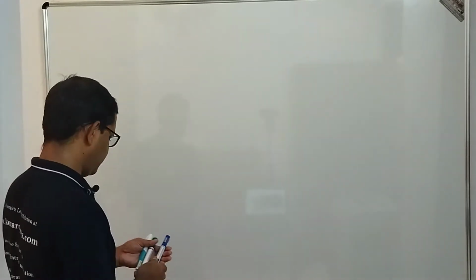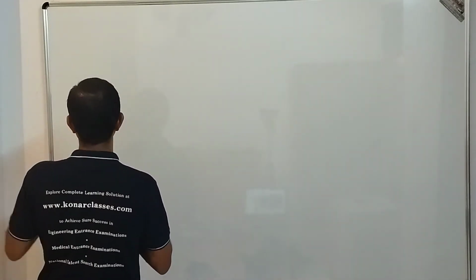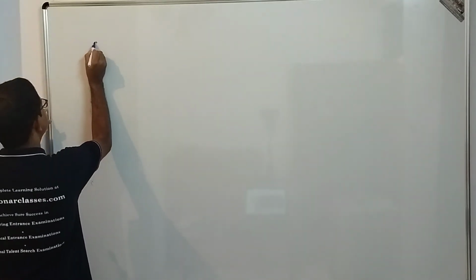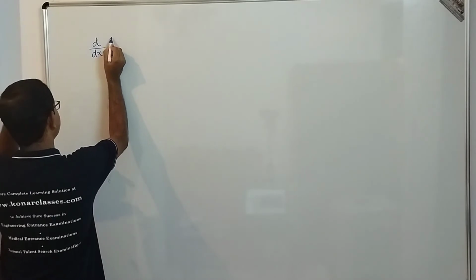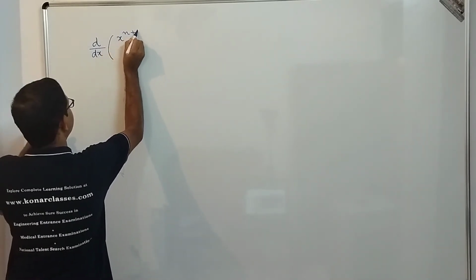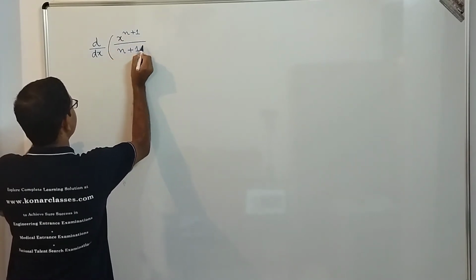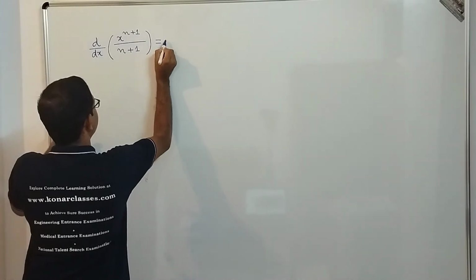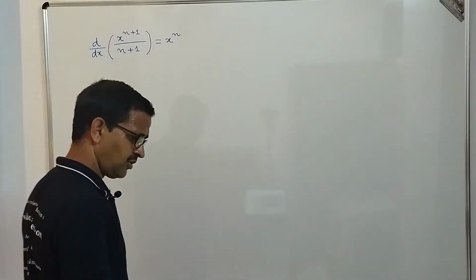So dear students, we can write this thing, that d/dx of x to the power n plus 1 divided by n plus 1 is equal to x to the power n, correct? Obviously.